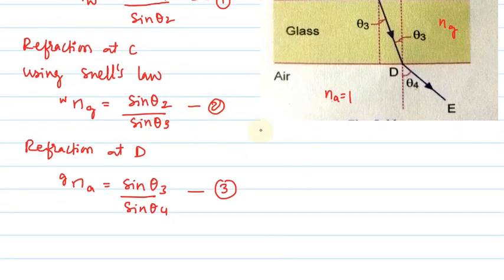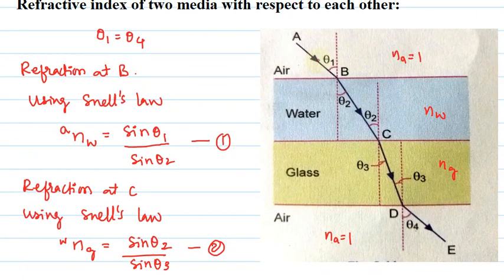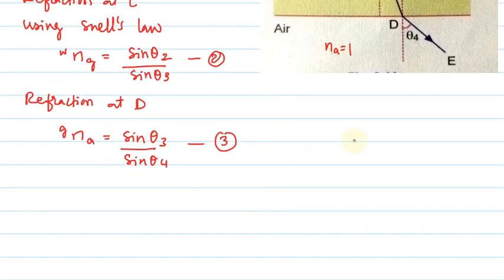As we have written in the beginning, angle of incidence in air is equal to angle of emergence in air. So theta 1 equals theta 4, because incident ray and emergent ray are parallel to each other.